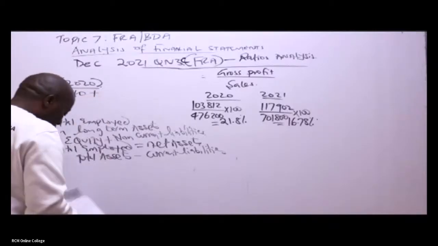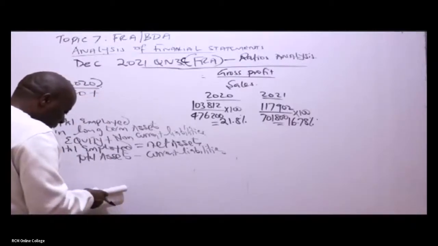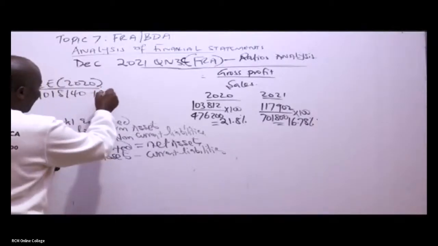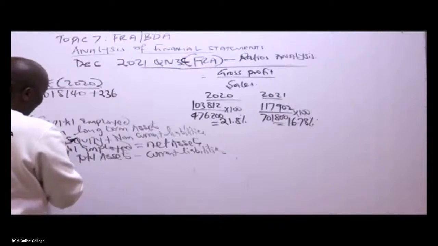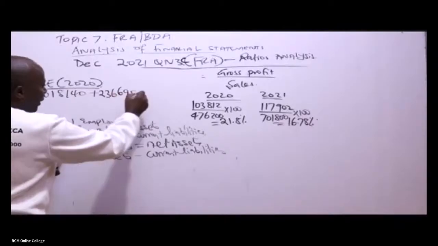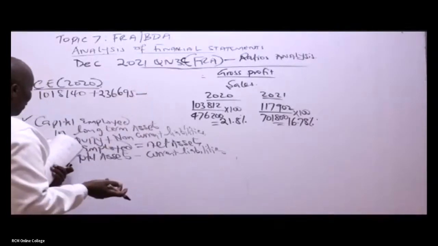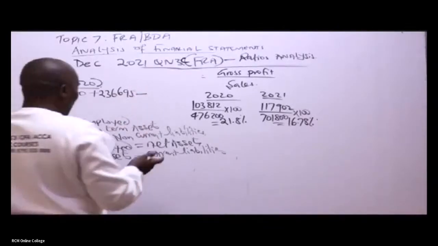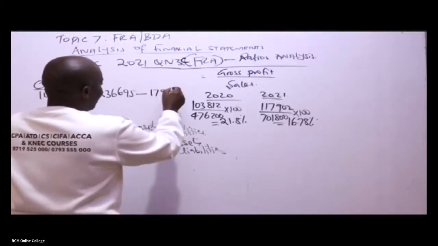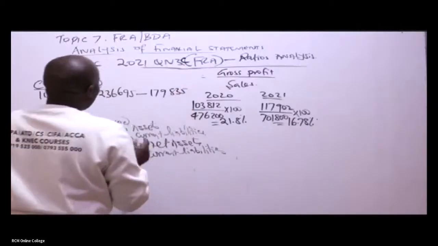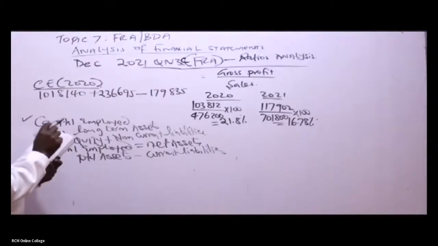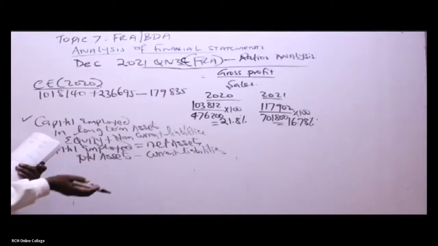Plus, we have other assets called current assets. The current assets for 2020 are 236,695. So these are total assets. We take away the current liabilities, which are 179,835. That way you will have gotten your capital employed for 2020.